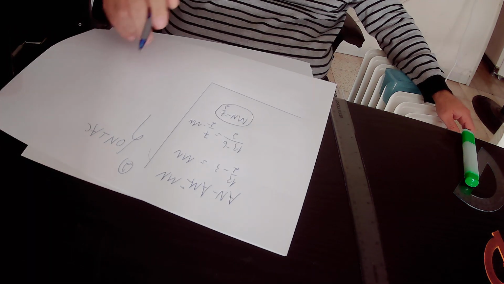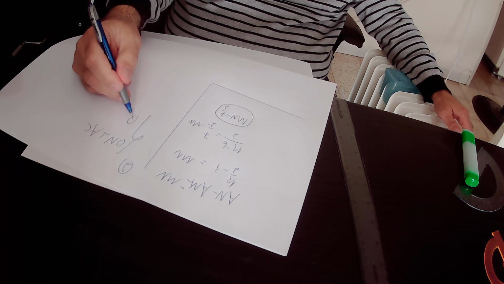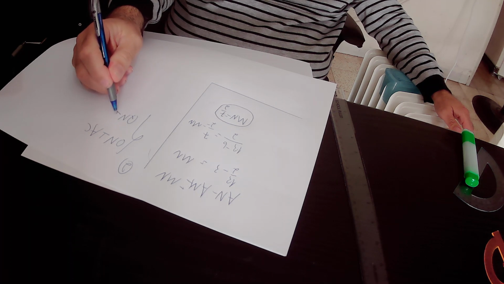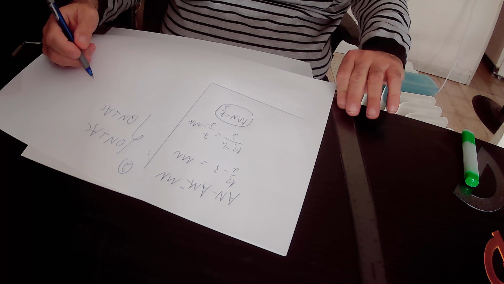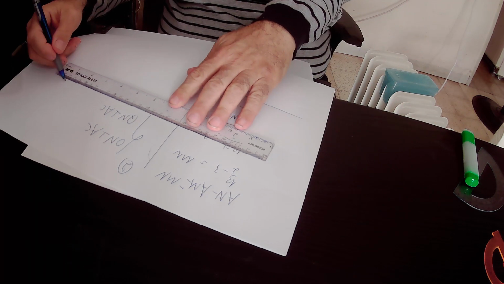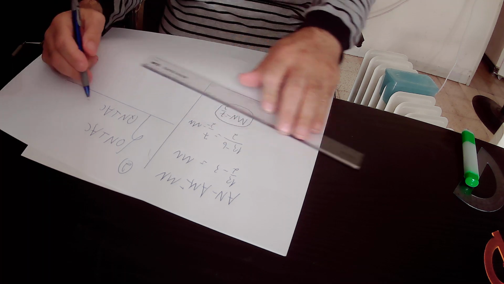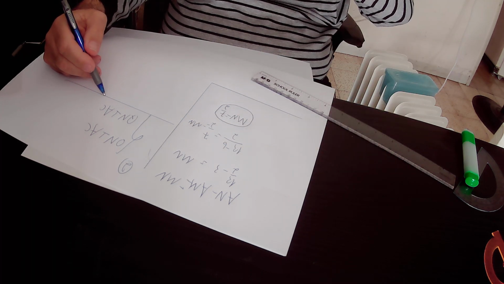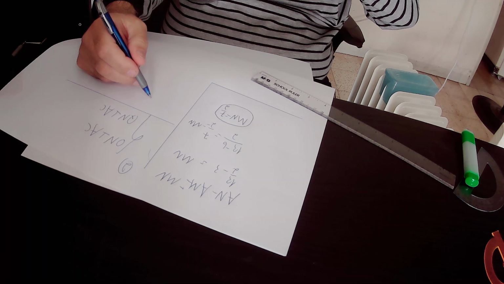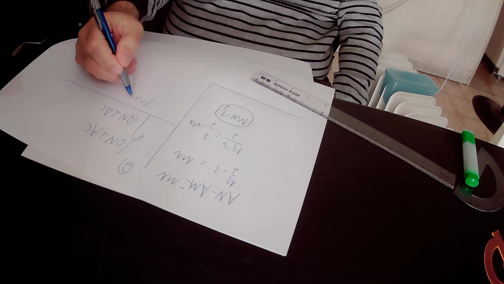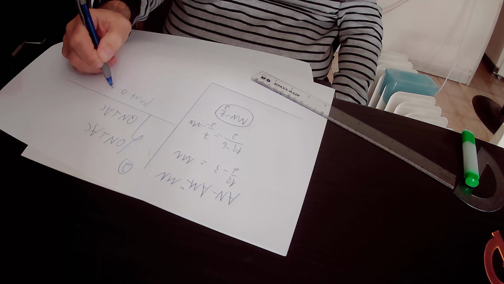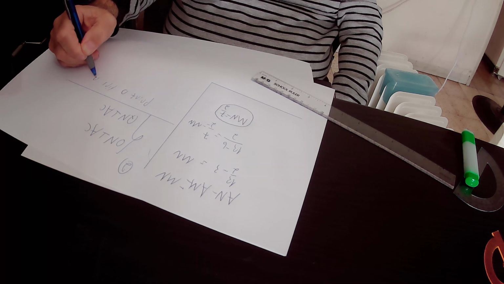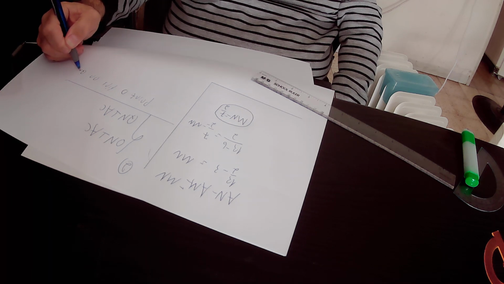QN is perpendicular to AC. And from those two equations, ON is perpendicular to AC and QN is also perpendicular to tangent AC, we will derive that point O lies on the radius QN.